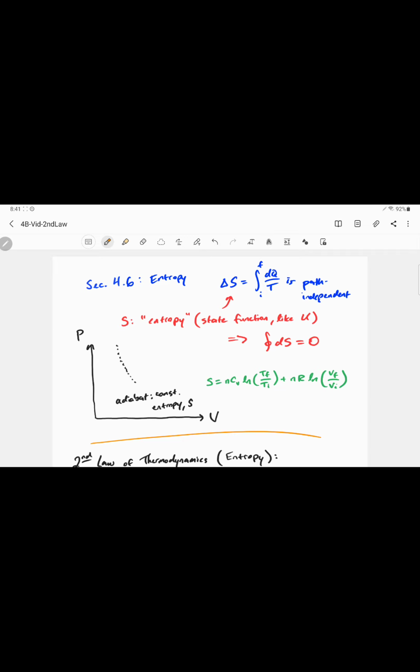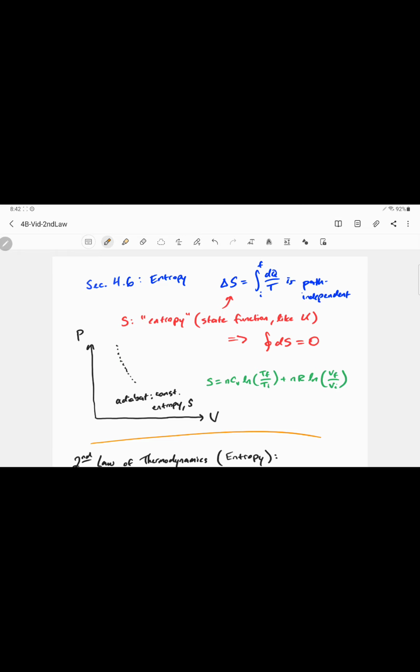So all of those points have the same entropy. If you go from this point to any point up or right of this, you increase in entropy. So going from this point to another point here, these have dS greater than 0, and down and left have dS negative. So entropy goes up if you go this way, and it goes down if you go the other way.